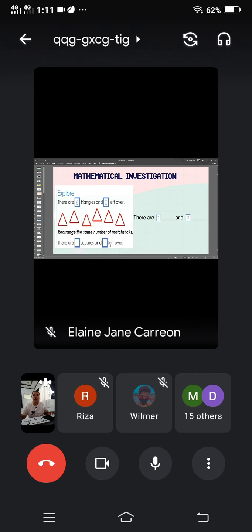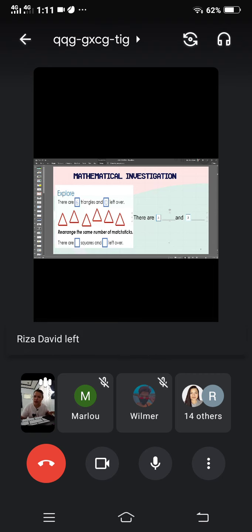Ibig sabihin, ma'am, I can do squares and then I can count the squares and then I can also count the leftover matchsticks. But in level 3, ma'am, there are 3 blank and 3 blank. Ano ibig sabihin nun?